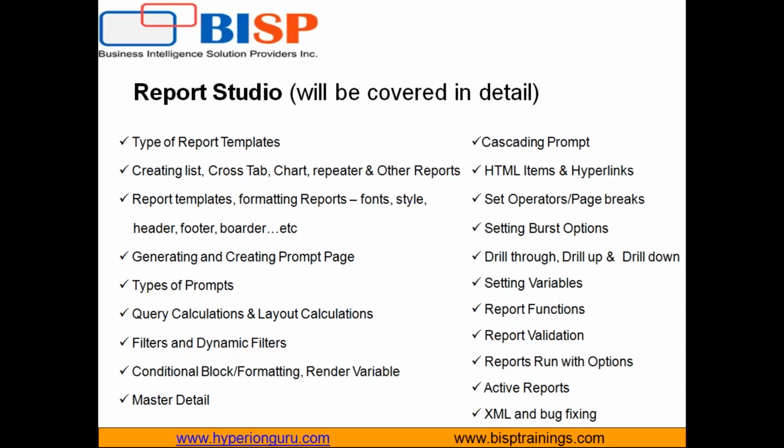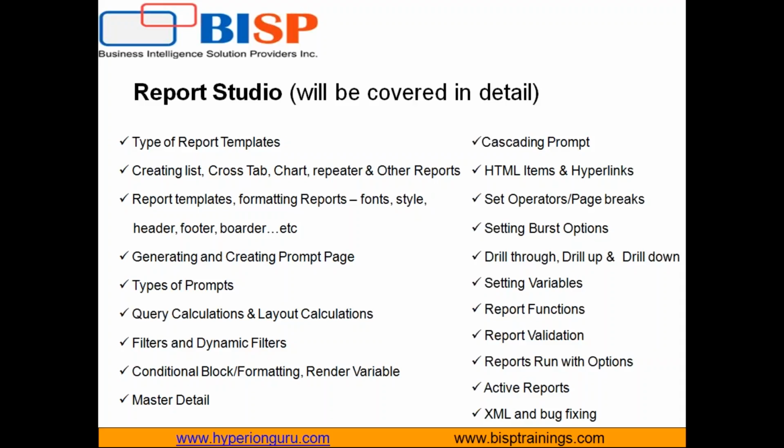In an active report, the output will be saved in the browser in XHTML, HTML format. That will help the report to be transported to a mobile device, or I can view the report with all the interactivity without having an internet connection, without connecting to the database. So that is the concept in active report.